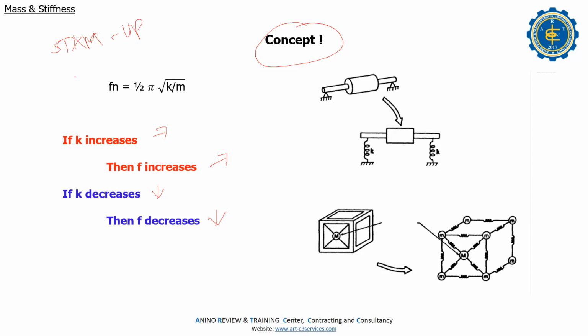In the turbine you go from 0 RPM to 3,600 RPM.